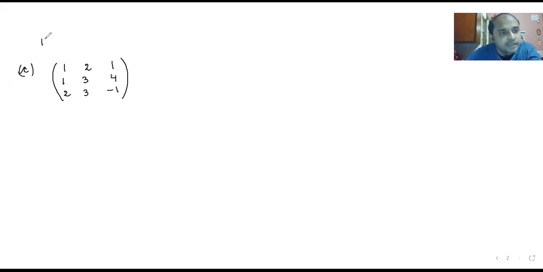So your question is, try to find the inverse, if it exists, using the rank method.